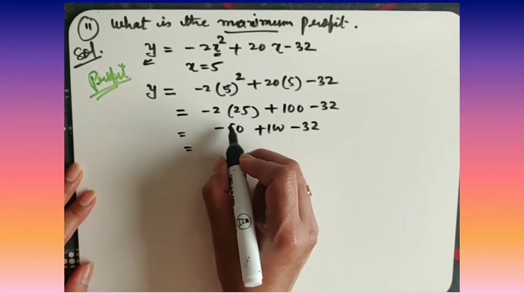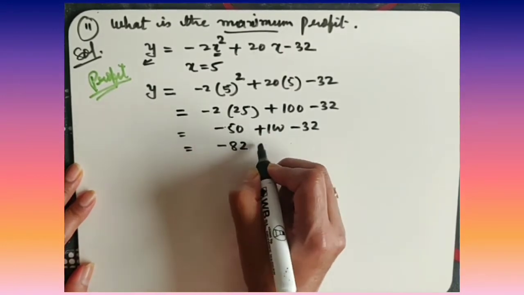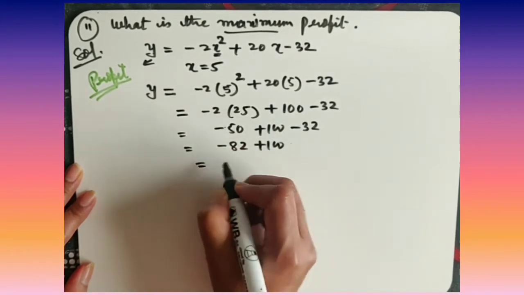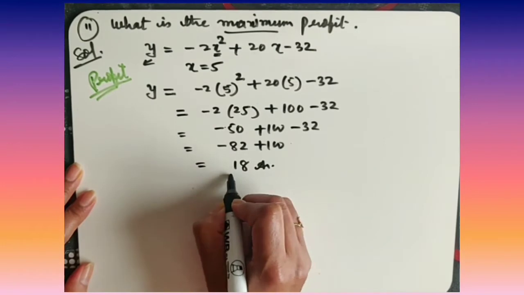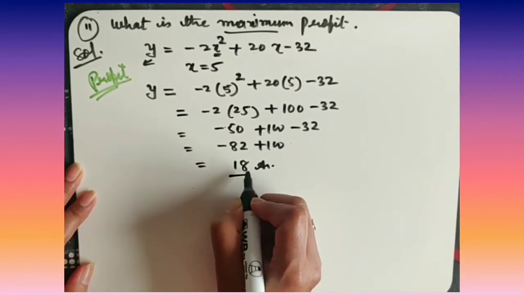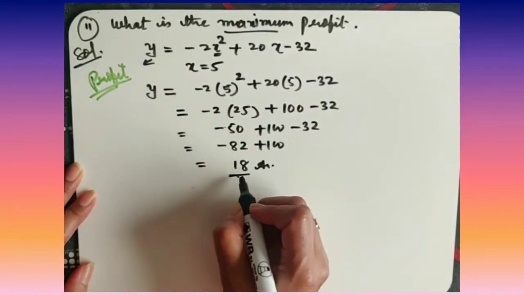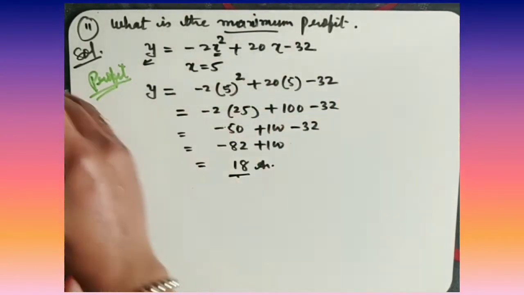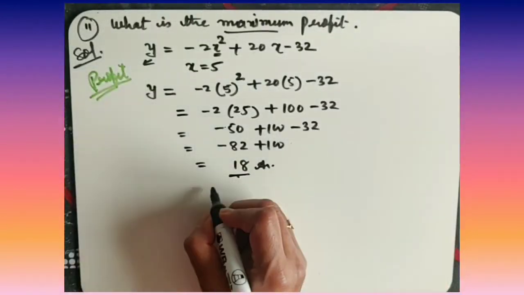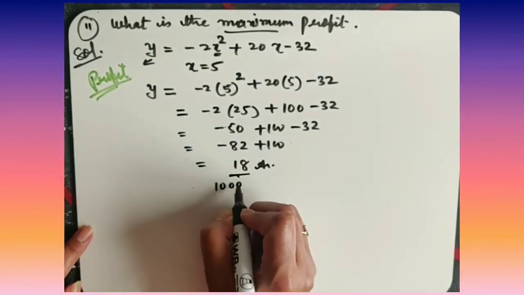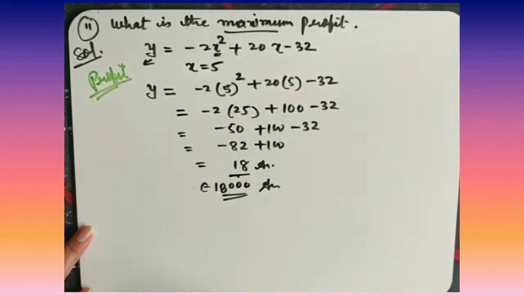Minus 50 and minus 32 is minus 82, plus 100 equals 18. So for x equals 5, the profit will be maximized at 18. As our question says, the profit function is in 000, so the final answer will be 18,000 euro.